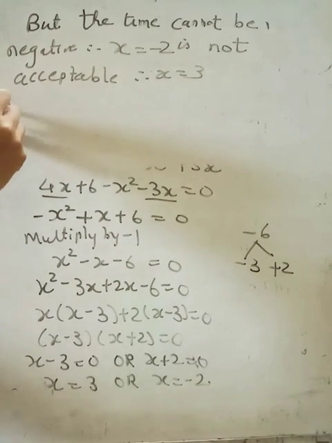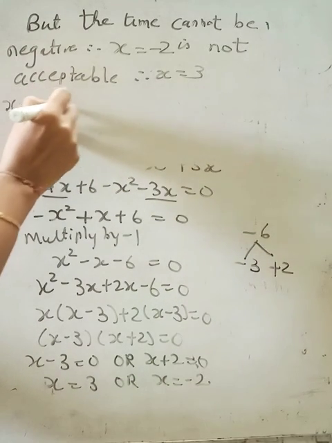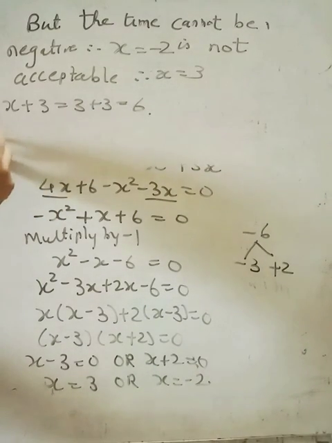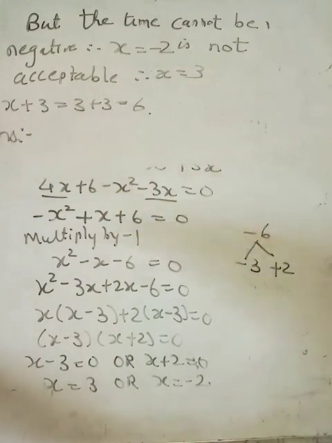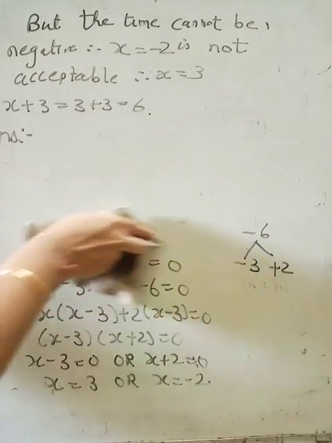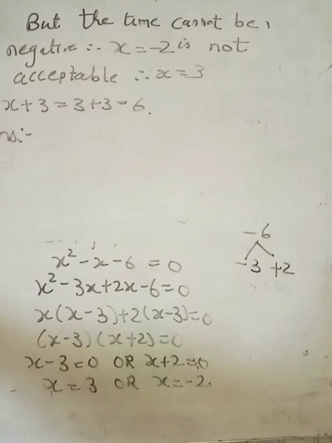Right? And what is x plus 3? Therefore x plus 3 will be 3 plus 3, that is 6. So what is your answer? Larger tap will take 3 hours and the smaller will take 6. So we'll write down that also in words. Please write down with the units when you are writing your final answer, okay children?